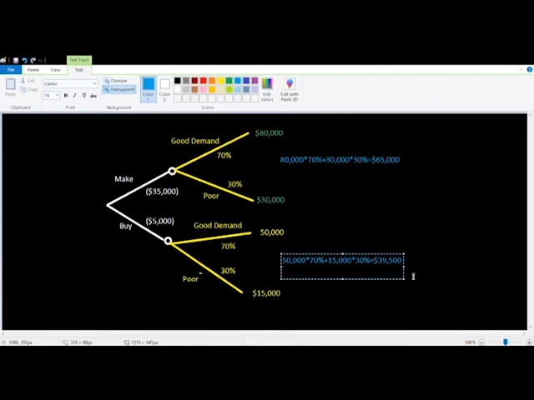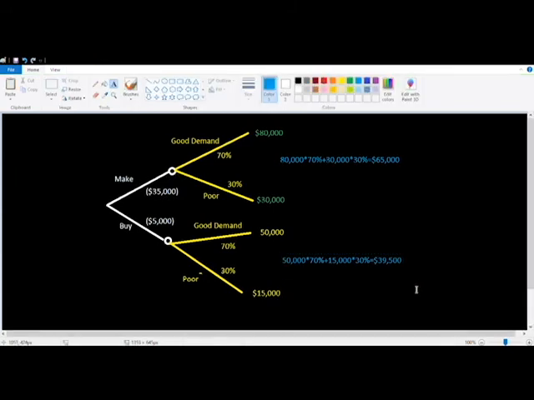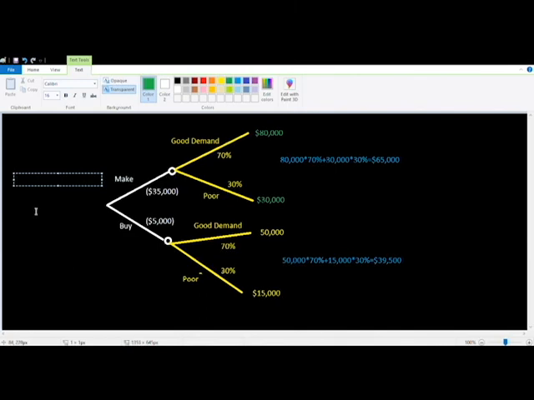Now, I shouldn't forget, obviously, that there are initial investments that I have to apply. So these are not profits, these are purely revenue. Expected revenues in each case, expected monetary values for each case. So now we are going to apply the initial investments.